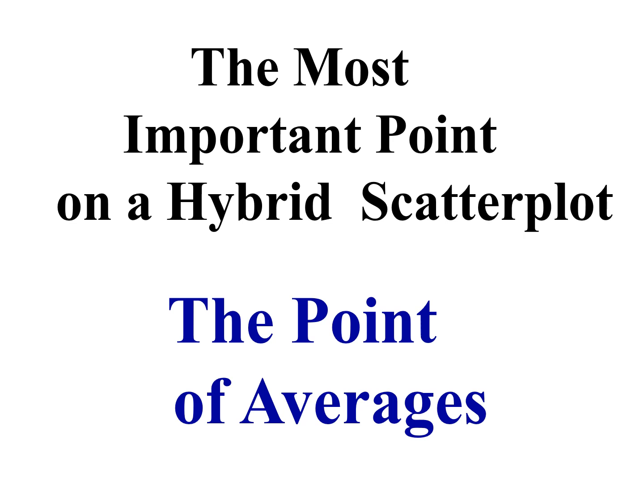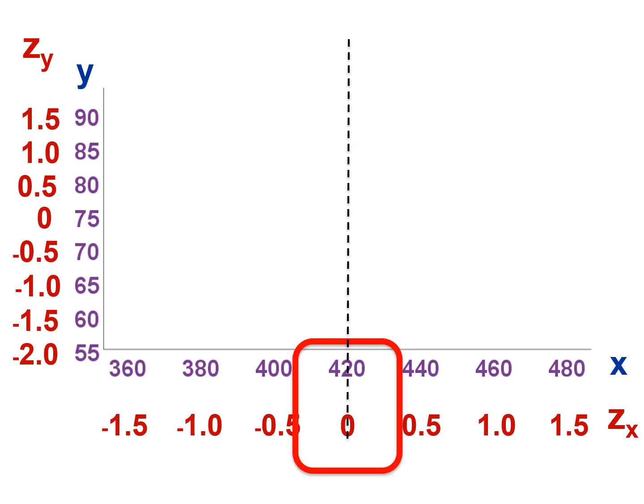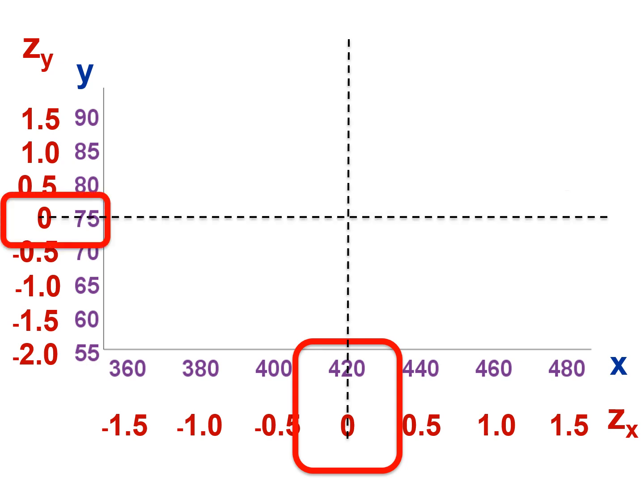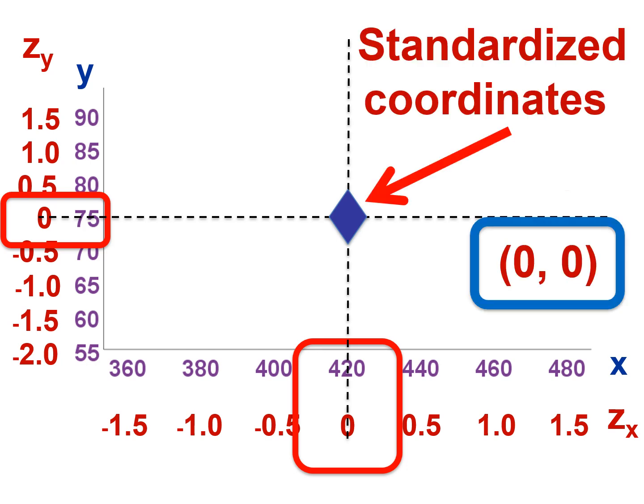In the last lecture, we also talked about the most important point on a hybrid scatter plot, the point of averages. On a scatter plot, we can find the point of averages by drawing a vertical line at the mean of X and a similar horizontal line at the mean of Y. The place where these two lines meet is the point of averages.